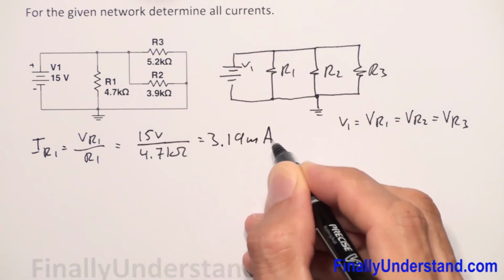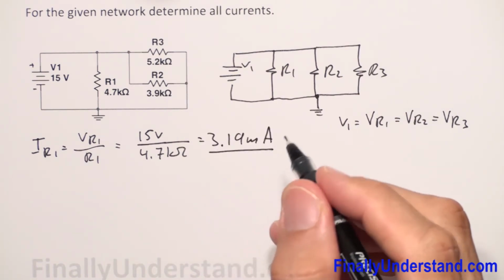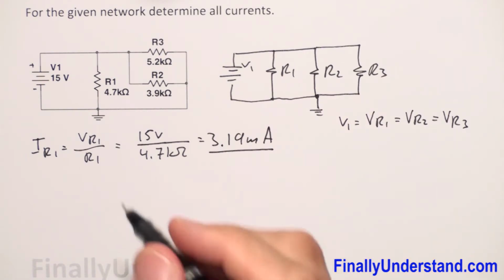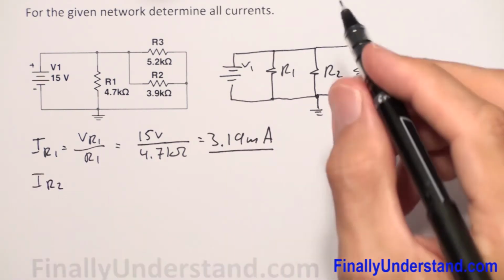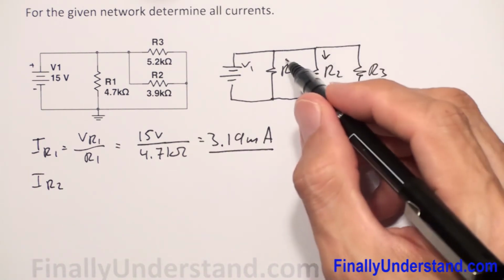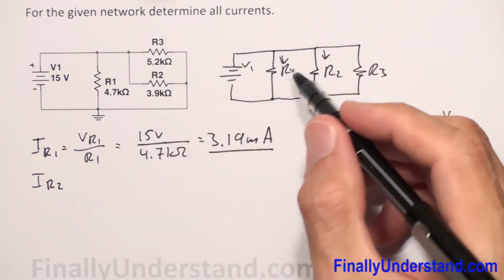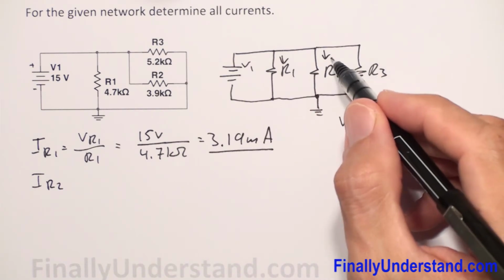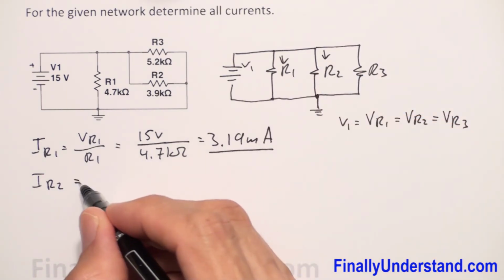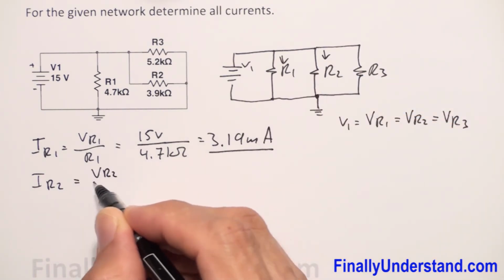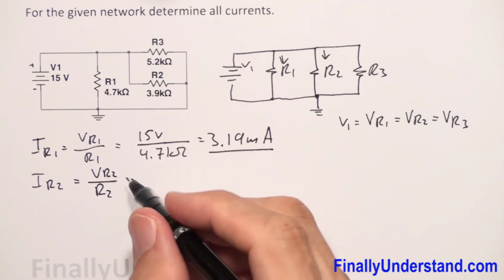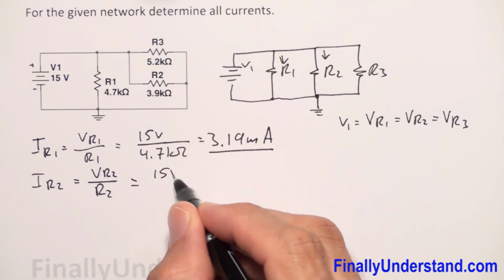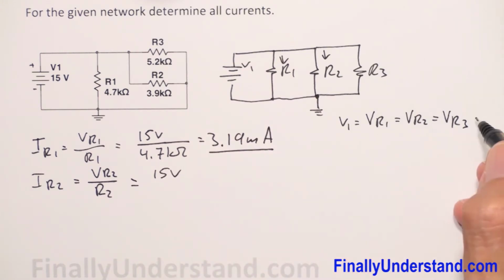3.19 milliamps. Okay, so this is my IR1. IR2, the current which goes through resistor R2, this one is my IR1, this is my IR2. So this is equal to VR2 over R2. VR2 is equal, again, 15 volts. We said that over here, right? This is equal to 15 volts.